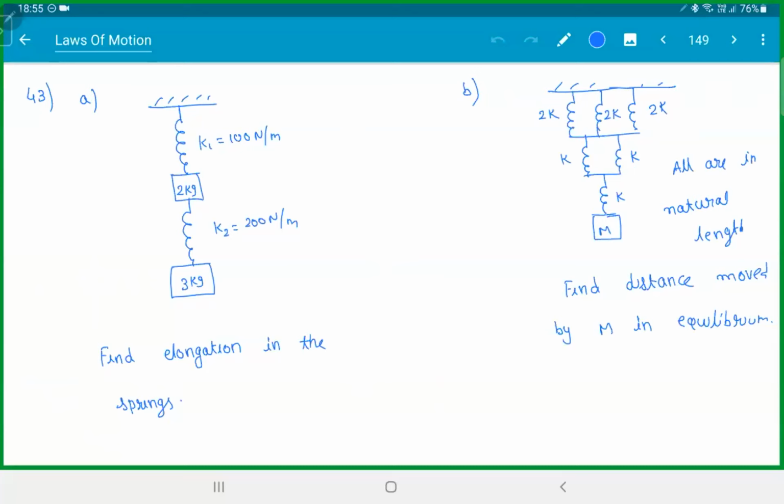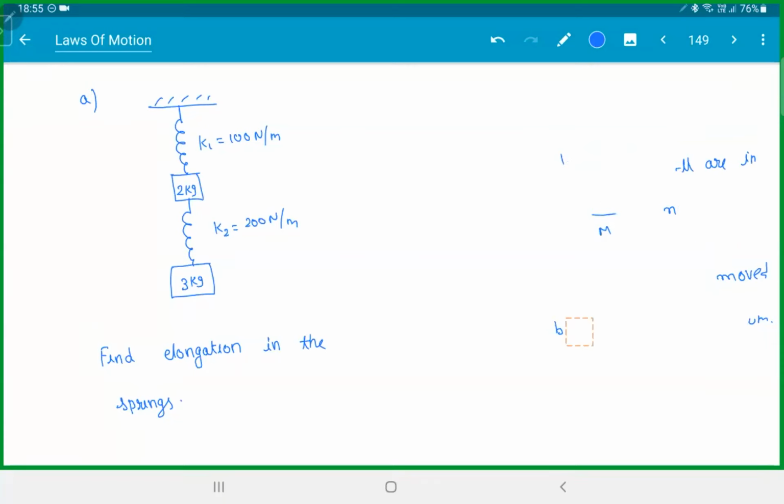Let's get this. First one is easy. See the first one.